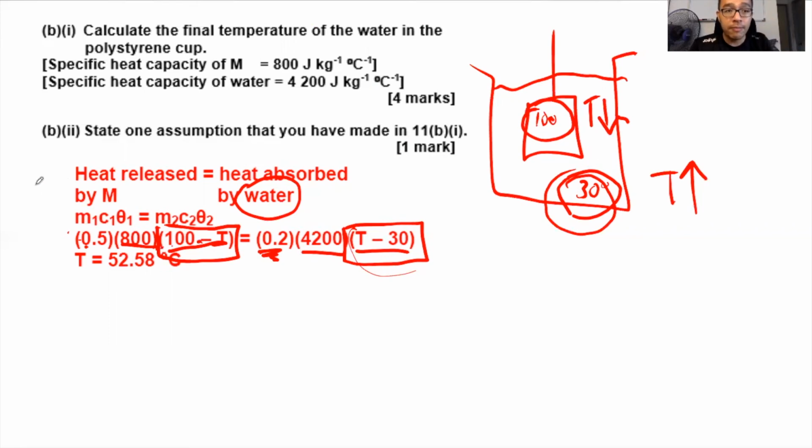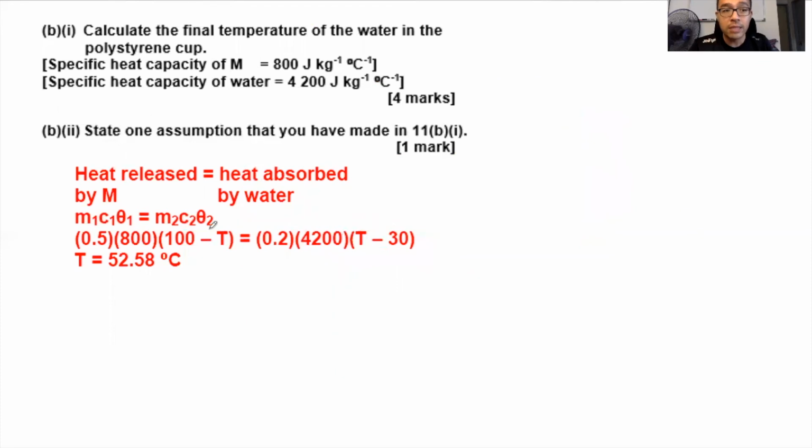Because the basis of this is that the heat released by M is the same as the heat absorbed by the water. And the temperature increase or decrease cannot be a negative number. So 100 minus T is positive. If you do T minus 100, you're going to get a negative number here, which is not so good. For this one, the temperature is going to increase, so it has to be T minus 30 so that your answer is positive.